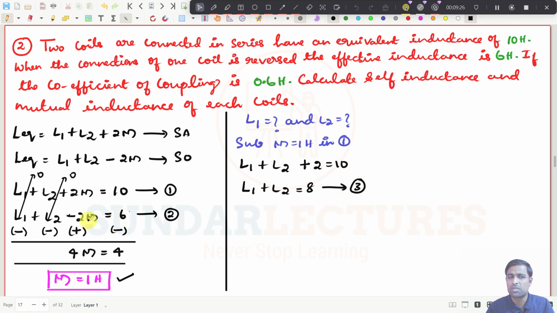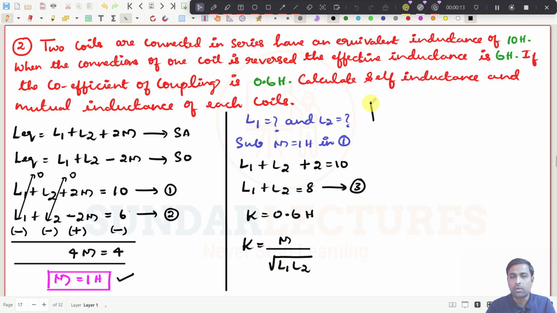Even if you substitute M in the other expression, you will get the same expression. And you know the value of K they have given, 0.6, the coefficient of coupling, right? What is the coefficient of coupling formula? K is equal to M divided by square root of L1 into L2, right?